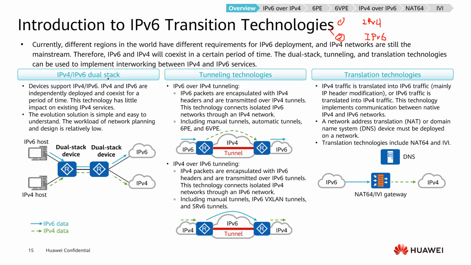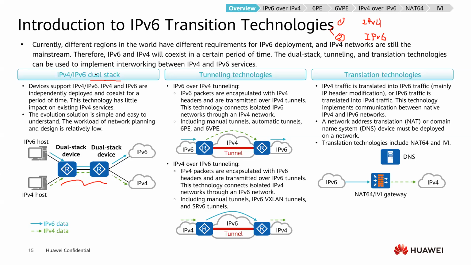And there are three kinds of transition technologies. The first is IPv4 and IPv6 dual stack, which we have already introduced in the IPv6 routing part. That means on the same network, we deploy v4 and v6 together and use the same network to transfer both v4 and v6 service data.